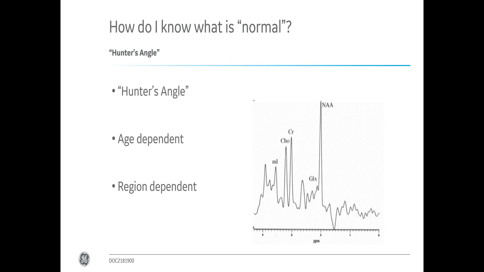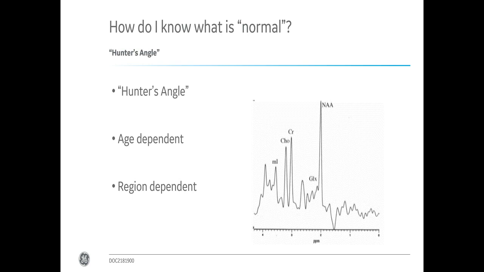And at that time, at this institution, they came up with the name of Hunter's angle, because one neurologist asked, what is a normal spectrum, or how can you explain what is normal?